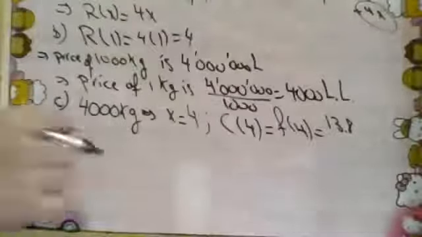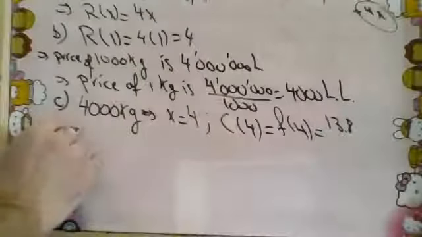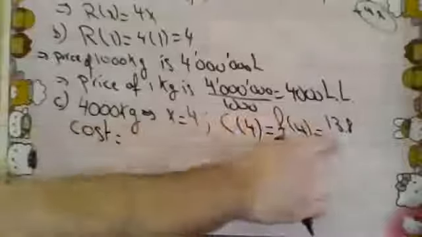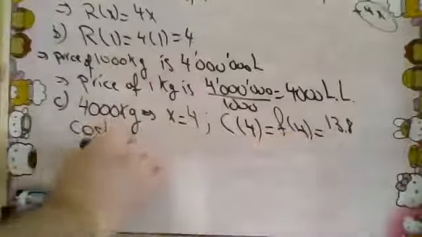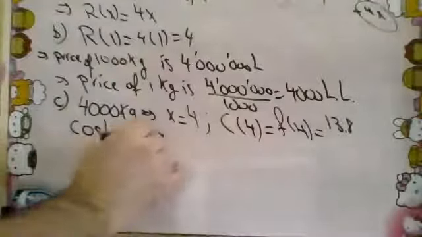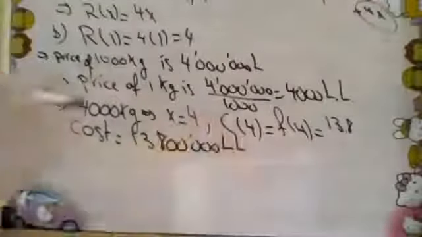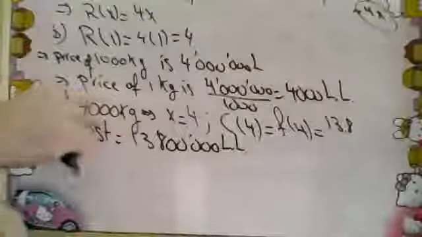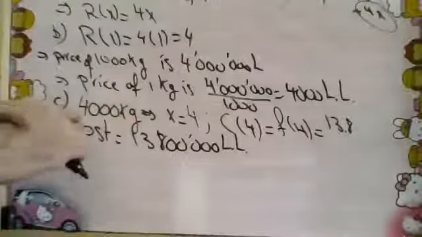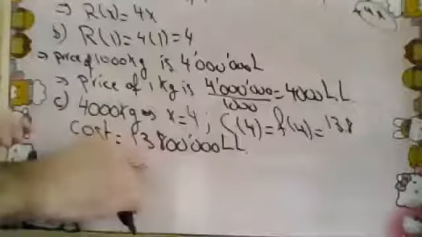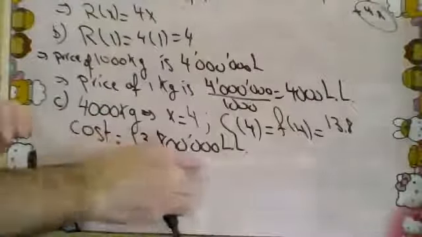So if it is 13.8, it means the cost will be equal to 13,800,000 Lebanese lira. So for this factory to produce 4,000 kilograms, the cost will be 13,800,000.